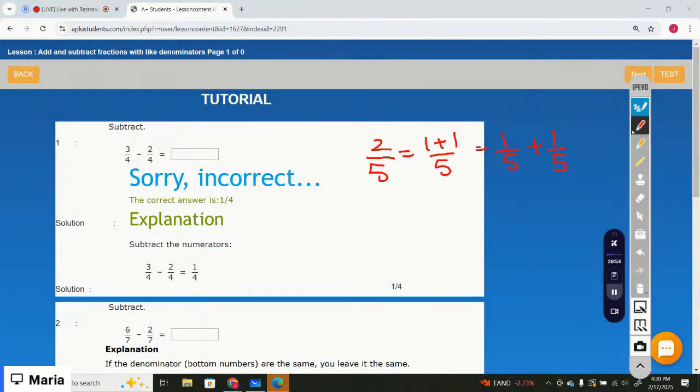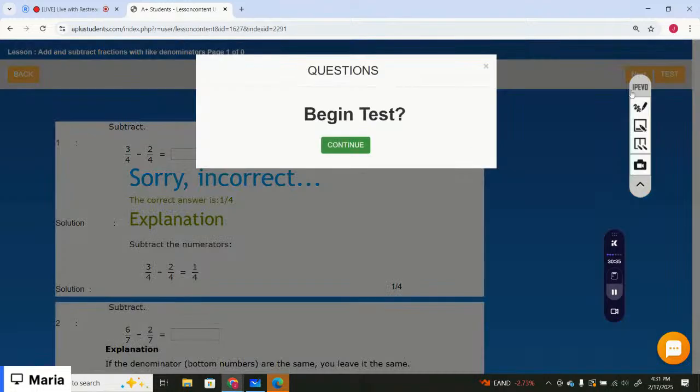They have the same denominator, right? That means they have like denominators. You simply have to subtract their numerators. When denominators are the same, you simply have to subtract their numerators. 3 minus 2 is 1. That is 1 by 4. Let's just start with the test questions.